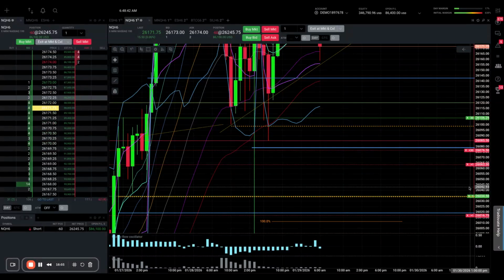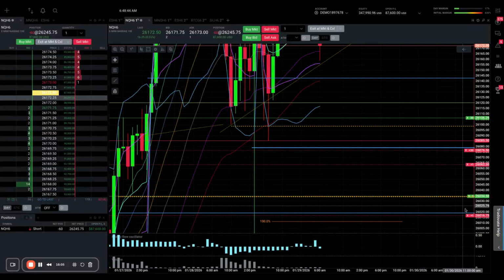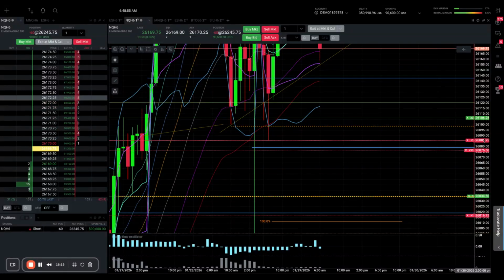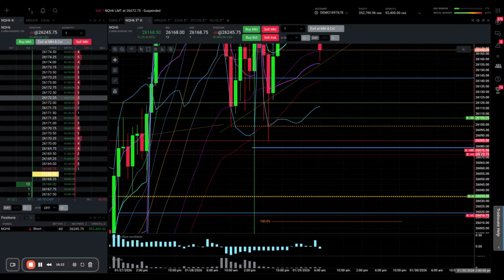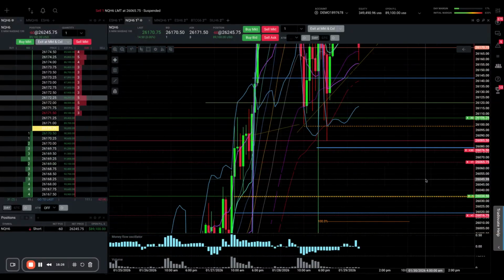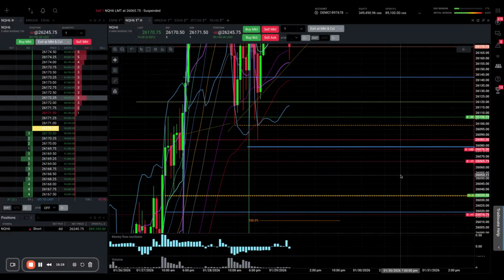So this is 1 size. If you were to double this size, you would get 2, so that would make this like a 2R trade. And if you wanted to make it a 3R trade, then you take 3 of these, 1, 2, 3. Now you got a 3R trade, and a 4R and 5R and so forth. So if you hear people talking like that, that's what they're saying.